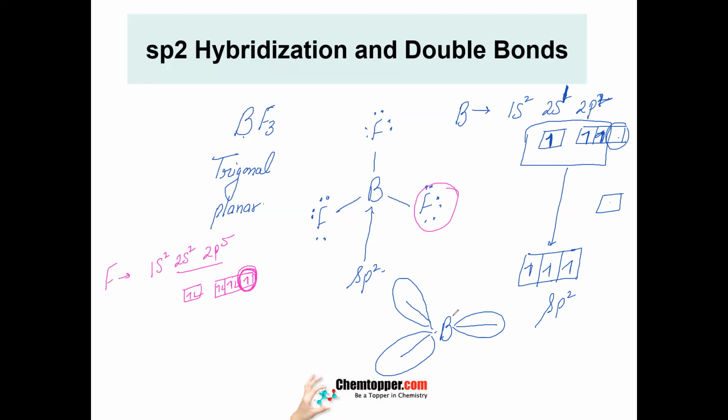This is the one which is going to overlap with the sp2 orbital of the boron. This is p orbital. So the shape will be like this. Overlapping on the axis. These are the bond pairs here.